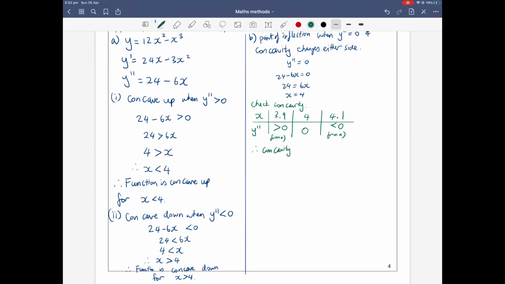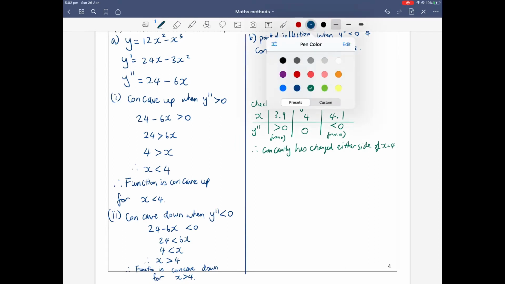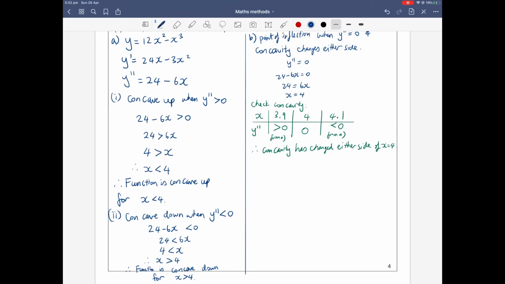So therefore, concavity has changed either side of x equals 4. And just like the previous example, when we're looking at a point of inflection, we need the xy value for a point. We know the x value is 4, so what's the y value?